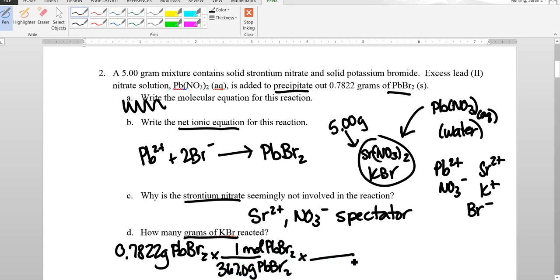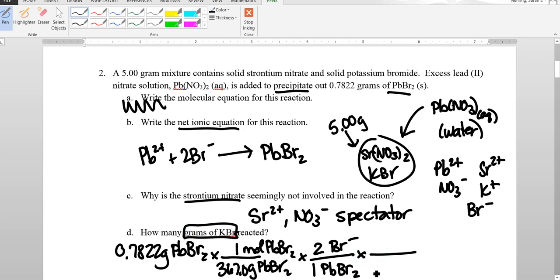And then I know that for every one PbBr2, there's a couple different ways of approaching it, but let's look at our net ionic equation. I know that every one PbBr2 requires 2 moles of bromide ions based on my net ionic equation. I want grams of KBr.